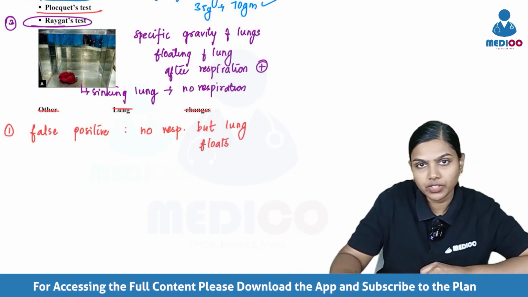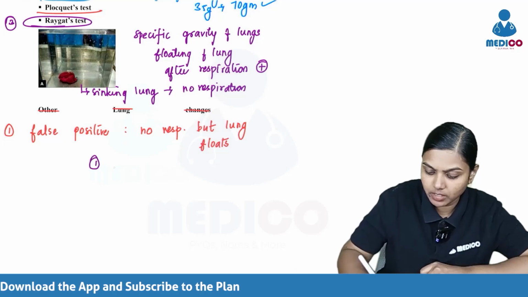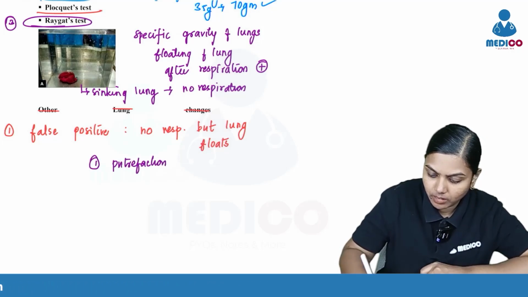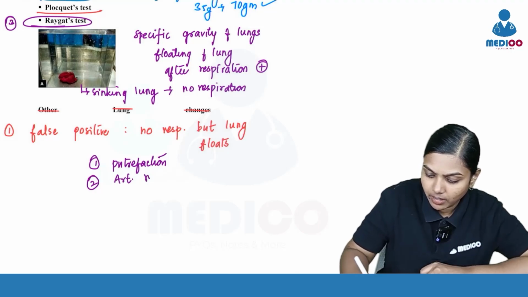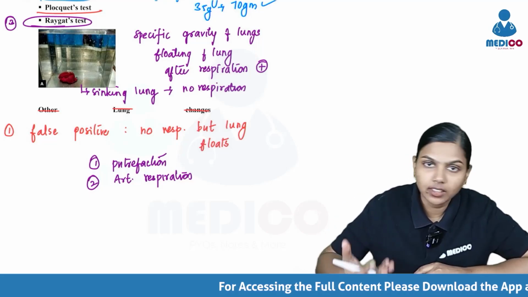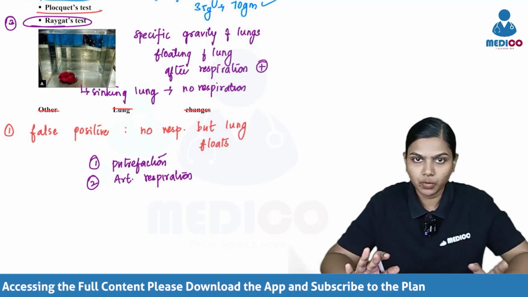This is false positive. This will happen where? First, putrefaction. Second, artificial respiration. Under these circumstances, even if there had been no breathing, the lung will start to float. This is the false positive.